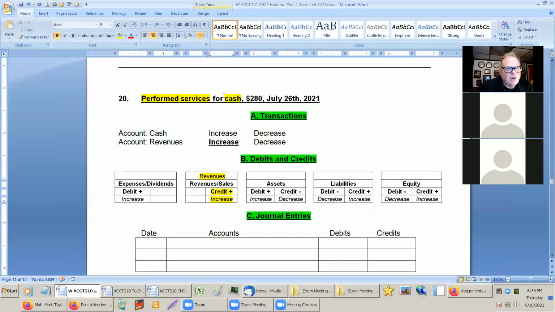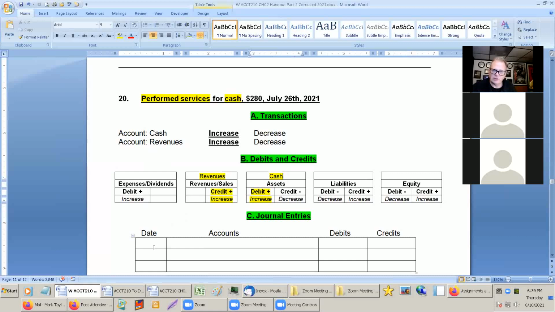Okay, so the cash, is the cash going up or down? Up, yeah, they pay us cash, so it'll be increasing. And again, the really nice thing when you run into a revenue, it's always a credit. Whatever goes on the other side, whatever it is, it's going to be a debit. So if it's cash, accounts receivable, whatever.